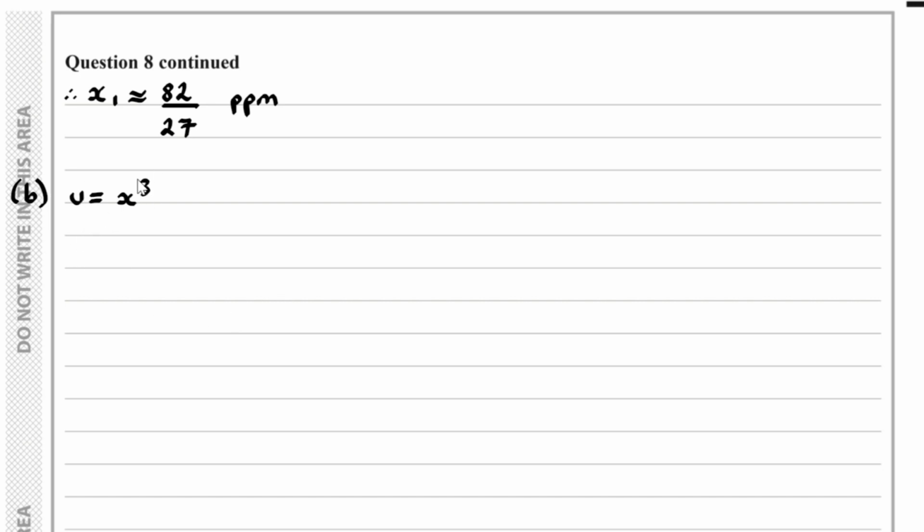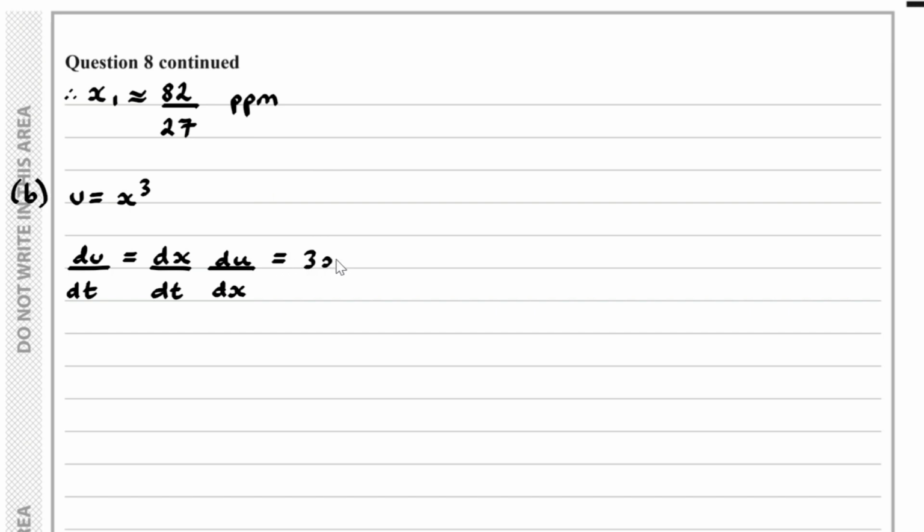And if we were to differentiate with respect to t, du over dt will equal, using the chain rule, dx over dt times du over dx.